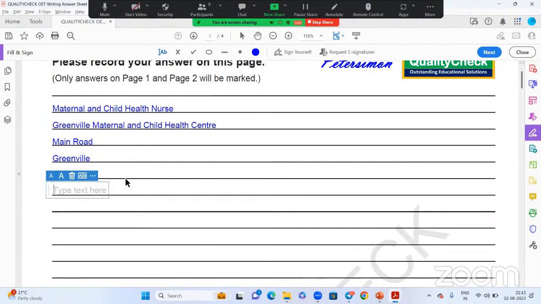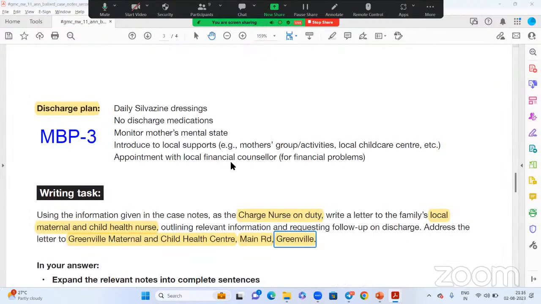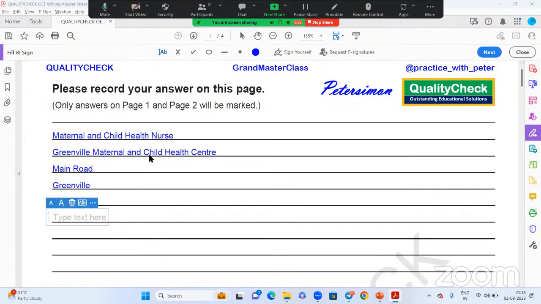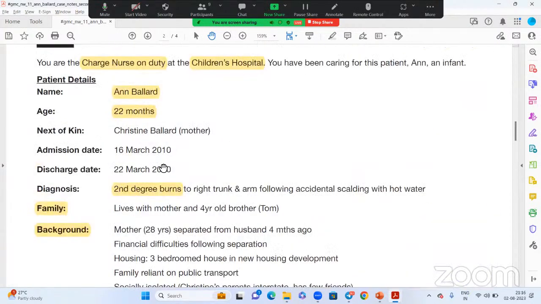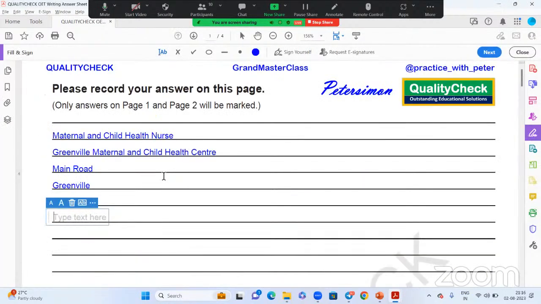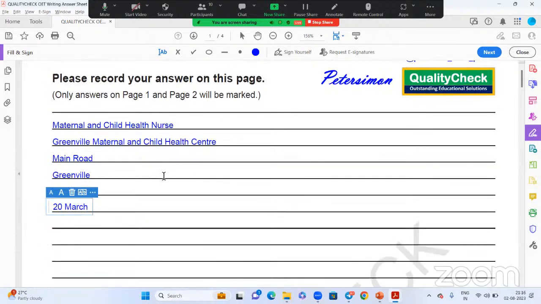We are not sure here, so what you can do is take the discharge date. It is 22nd March 2010, so you can write 21st March or 20th March. So let us take 20th March 2010.